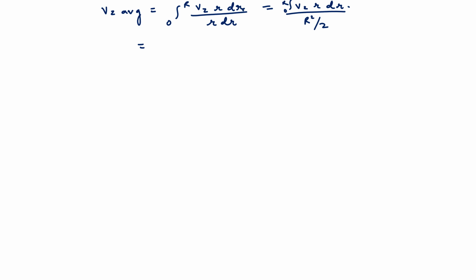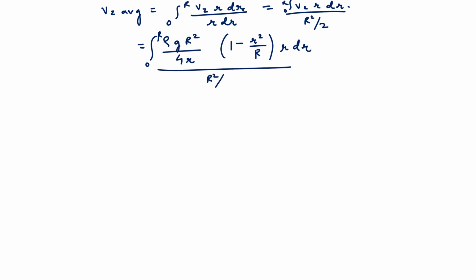Which is equal to rho g capital R square upon 4 mu, integral of 1 minus small r square upon capital R square into small r dr, from 0 to R, upon R square by 2.